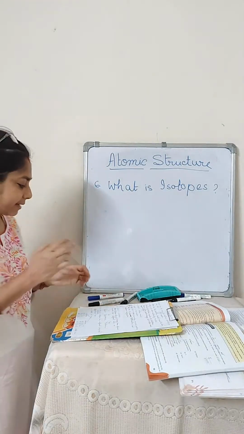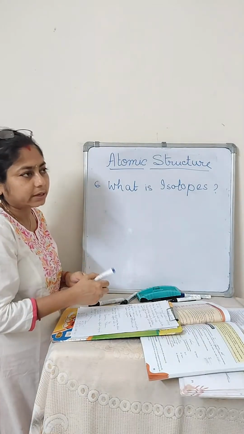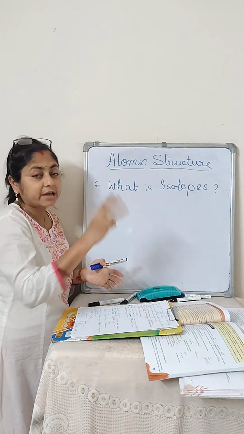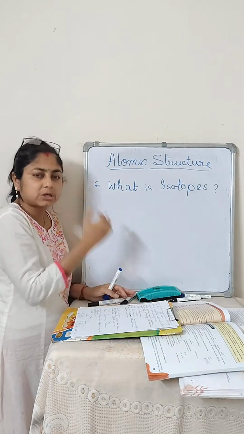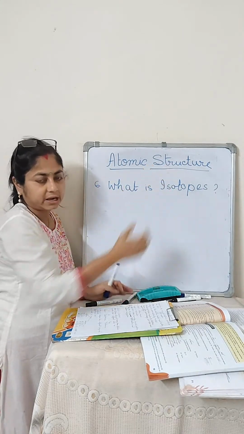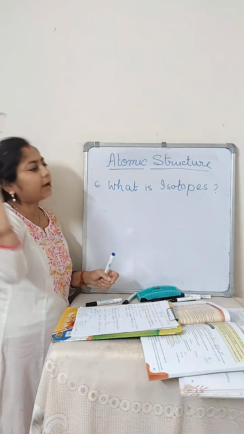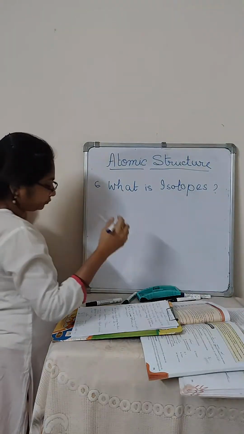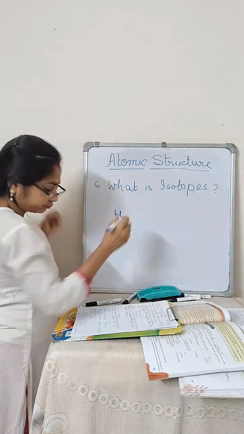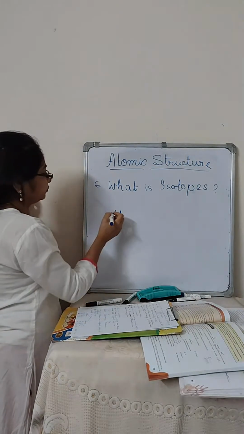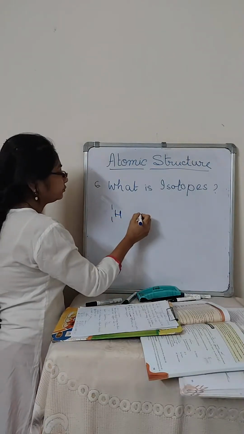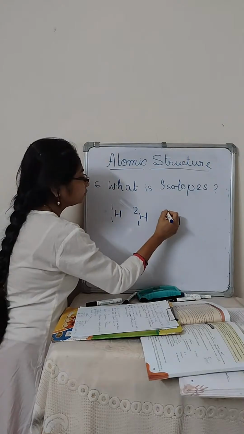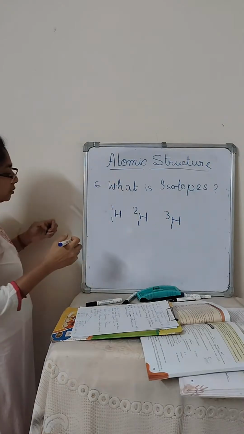Now I tell the example, like hydrogen. For hydrogen, there are three types of isotope: protium, deuterium, and tritium. Now I show, and then you can understand it. This is protium.